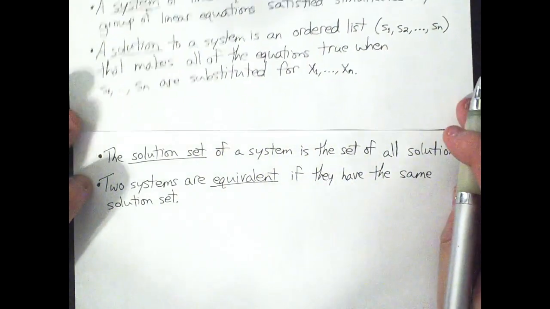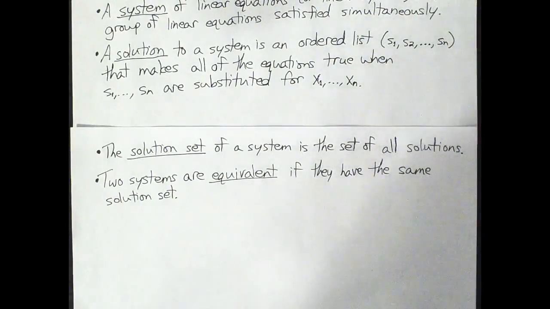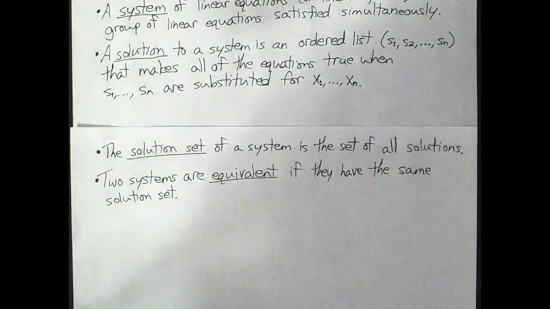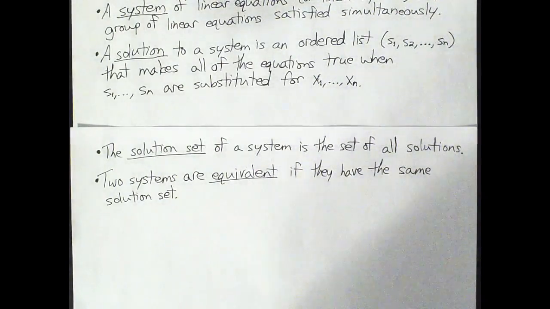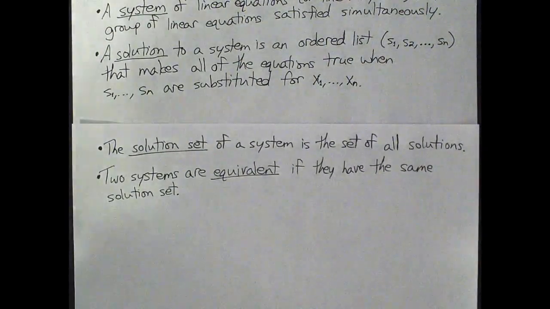One other thing that I think I'll just say out loud, I don't think I'm going to write it, is just when we use the word solving, if we say we are going to solve a system, solving means finding all solutions. If I say solve the following system, it means find all solutions. Or another way to think of it is it means find the solution set.